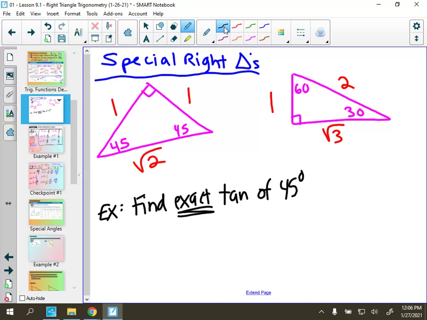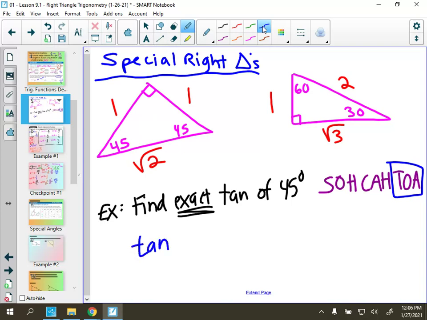So it's, I think, the third example in a row where I want to set up my SOHCAHTOA. And I don't know if I need the whole thing because this one's only asking about tangent. So basically, what is the tangent of 45 degrees? Well, I know this. The tangent, right, we're used to writing theta right here, but I'm replacing theta with 45 because it's not unknown anymore, right?